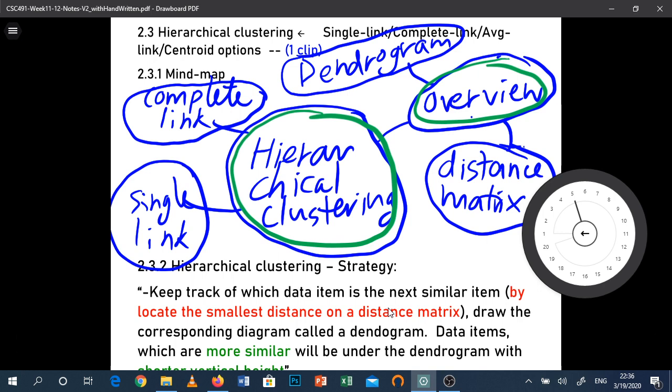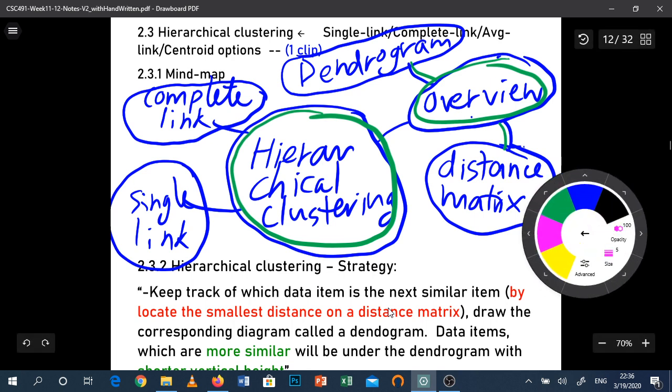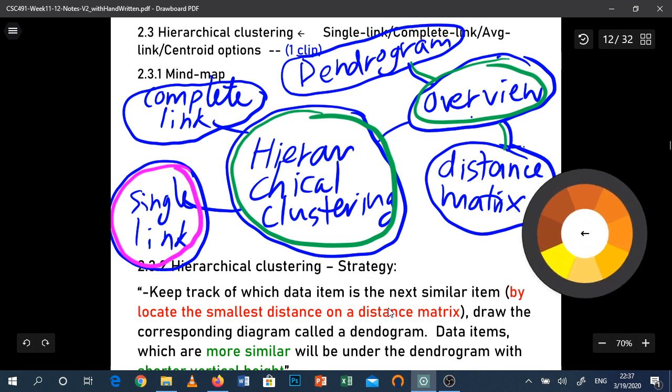In order to know more about hierarchical clustering, 2 ideas will be introduced to you: one is the dendrogram and the other is the distance matrix. Then later on, we will continue to one representative option of hierarchical clustering called single link. And if time permitted, we possibly can do one more subtype of hierarchical clustering called complete link. So let's look at the overview first.